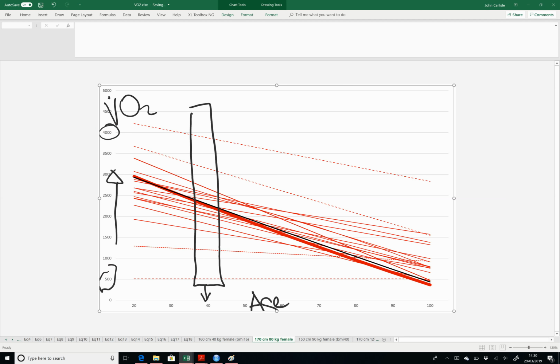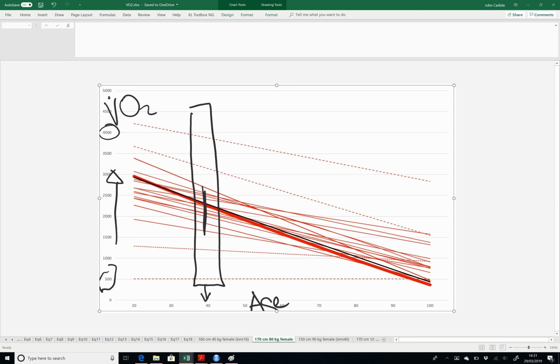Now I have taken the liberty of dashing some of these lines because I thought they're nonsense really, and I have kept this range of lines here solid. The thickest red line is the predictive equation that I use in my clinic, and it's the one that comes with the survival calculator that I developed.